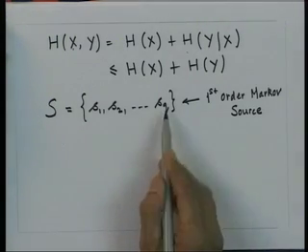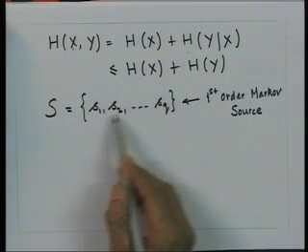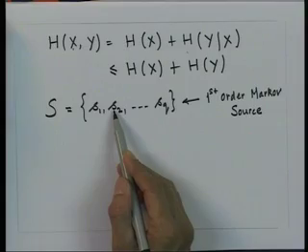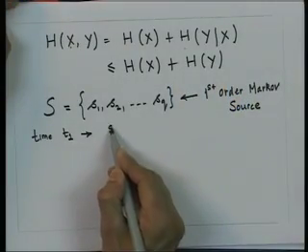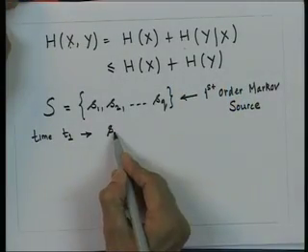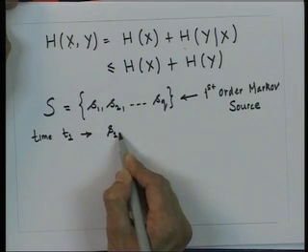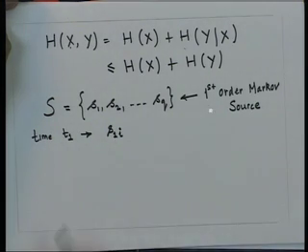What I mean by first order Markov source is that the occurrence of any particular symbol will be dependent upon the occurrence of the previous symbol. That is what we mean by the first order Markov source. Let me assume that I have a time instant t1. At this time instant t1, let us assume some symbol occurs, and let us call that symbol S1i.